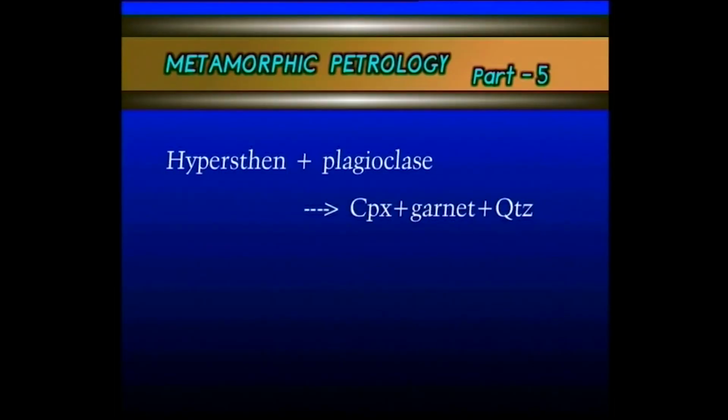Let us see the thin section textures on the screen, where hypersthene and plagioclase react and give rise to garnet plus CPX plus quartz. Here we can observe the reaction rims between OPX and plagioclase as garnet.